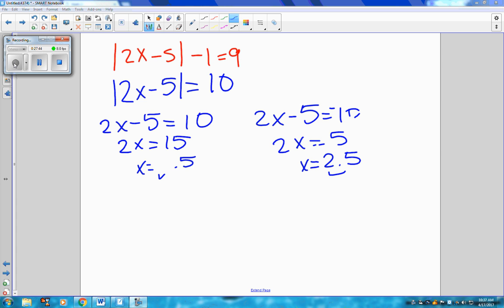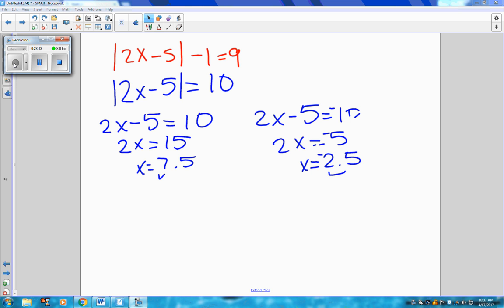The other one's negative 2.5. Alright. With the changes that she just made, is she right? Yes. And did everyone check your answers? Did they both work? They did both work.